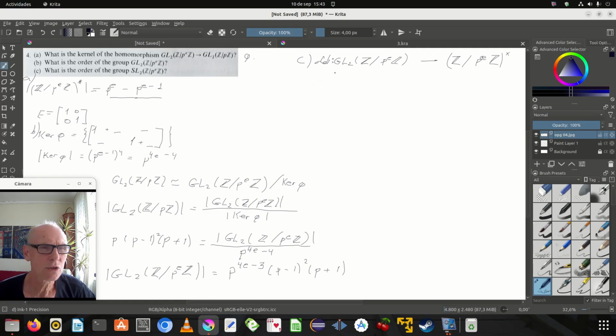So we need to determine the, now what do we need to do? Oh, the kernel is exactly the special linear group. And that means that the image is isomorphic to, let's write it correctly, divided by the kernel.